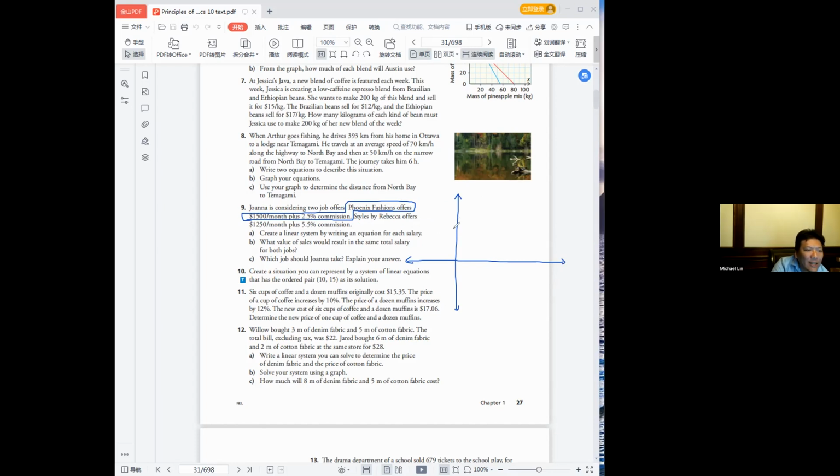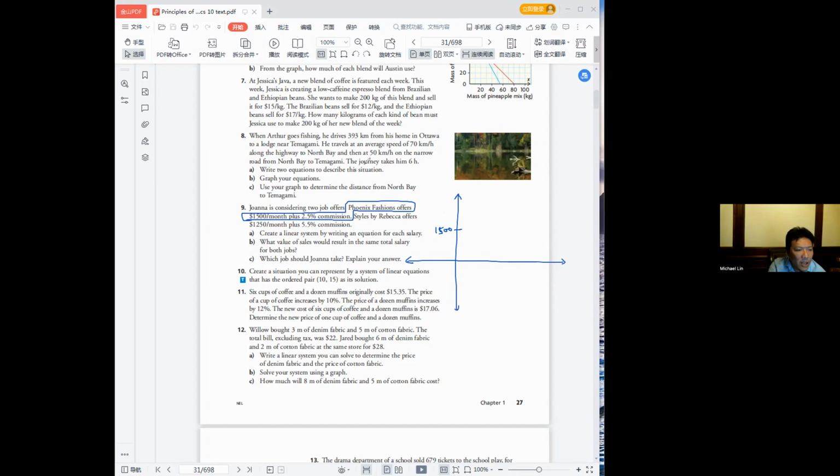He cannot make less than $1,500. So he has got $1,500 right from the start. Even if he sells nothing, he just sleeps all day at work, you have to pay him $1,500. But he doesn't like to sleep all day at work. So he likes to work a little bit.